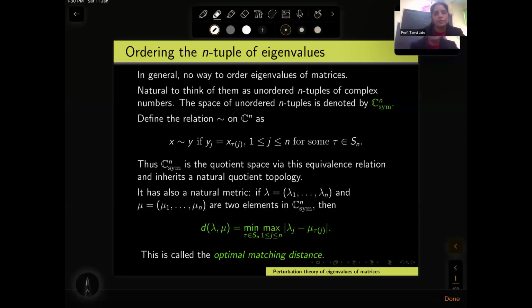So in that case, we are not working with C^n. We are working with the space of unordered tuples.